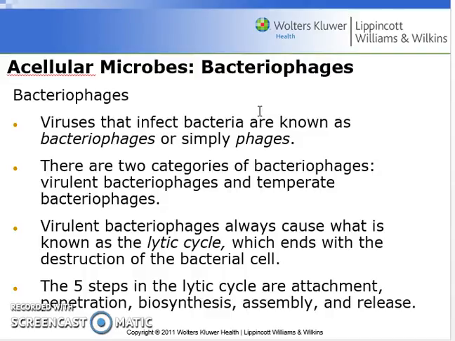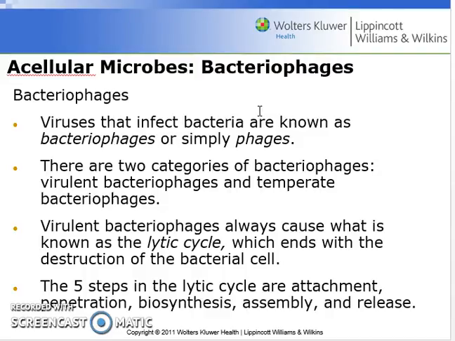Another short term for these viruses is phages. There are two types: virulent bacteriophages and temperate bacteriophages. Virulent bacteriophages cause the initiation of the lytic cycle, which we talked about when we covered viral replication.